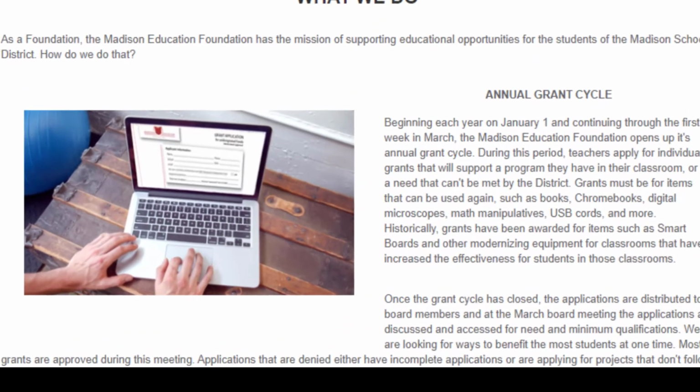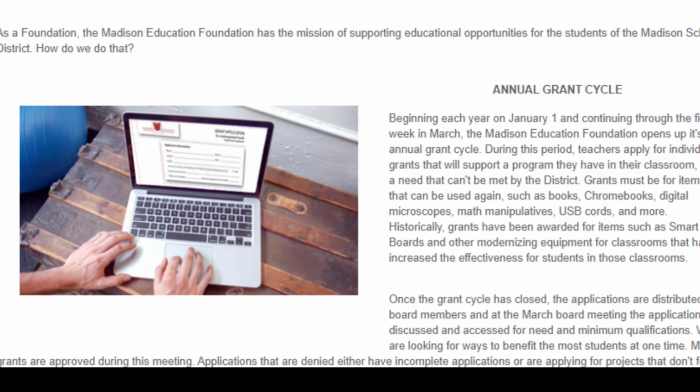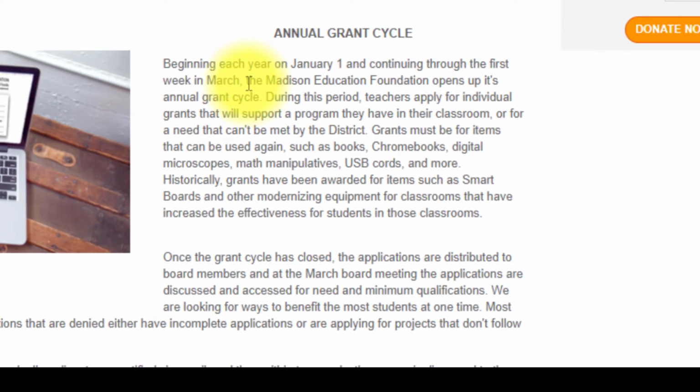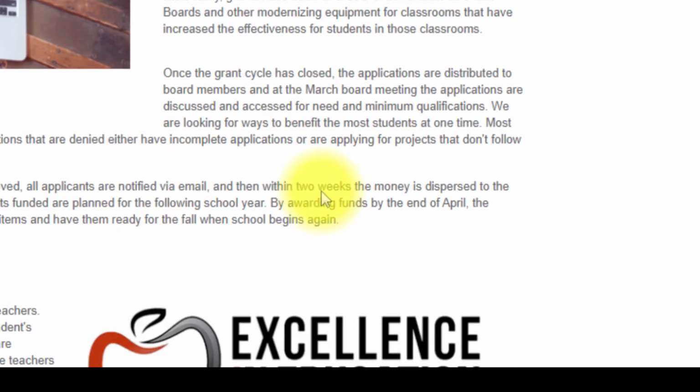They provide grants and things like that for teachers. It explains the annual grant cycle. So as you see right here, the grant cycle goes from January 1, continuing through the first week in March, and gives you an idea of the kinds of things that will qualify for consideration on the grant.